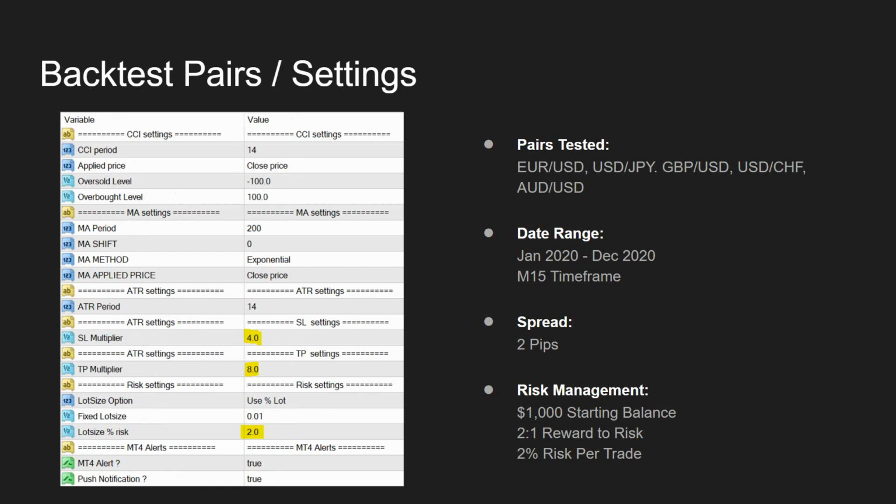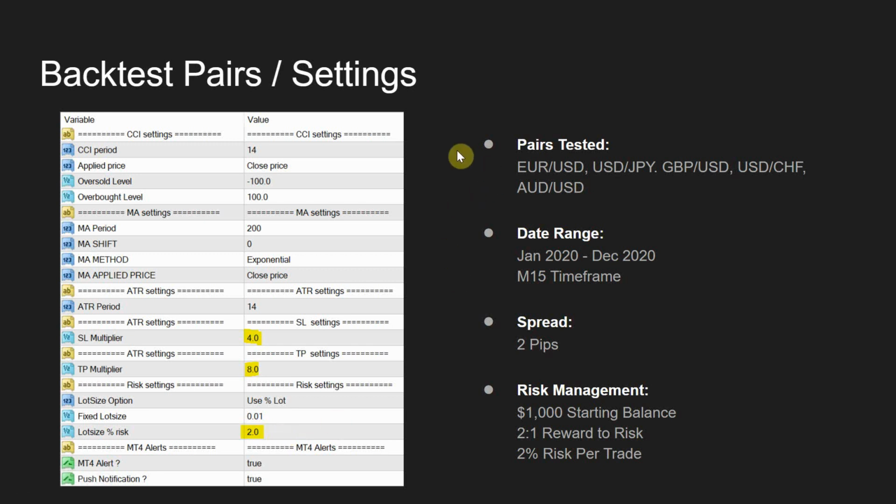If we look at the input settings on the left hand side, the sections in yellow is what I've changed from the default settings, and they are the stop loss. So we are doing 4x multiple of the ATR, and we're going for a 2-to-1. Therefore, it's going to be 8x in terms of the ATR for the take profit target, and we will be doing 2% risk per trade that we enter.